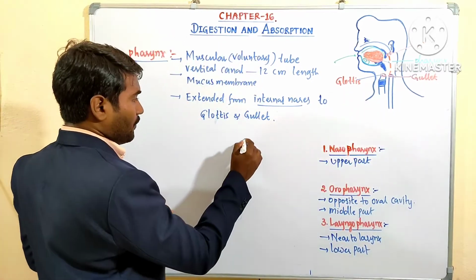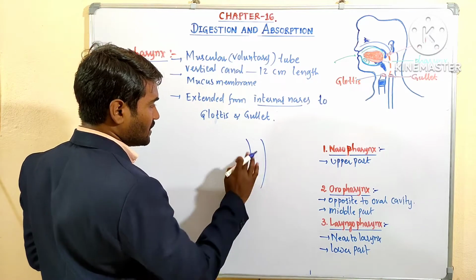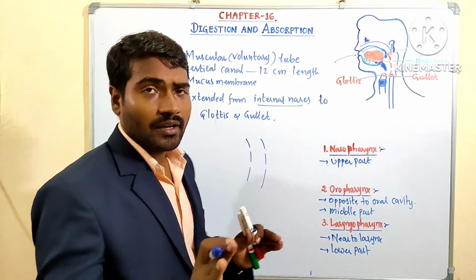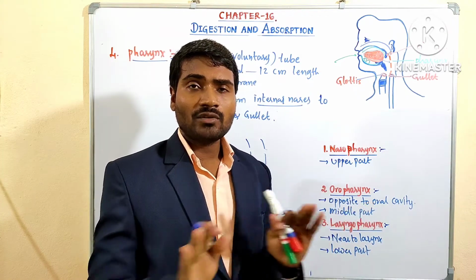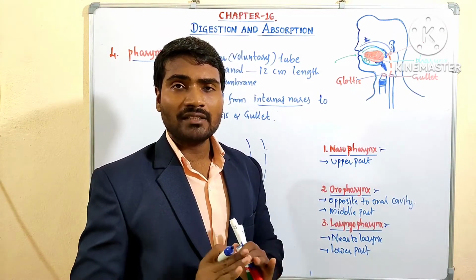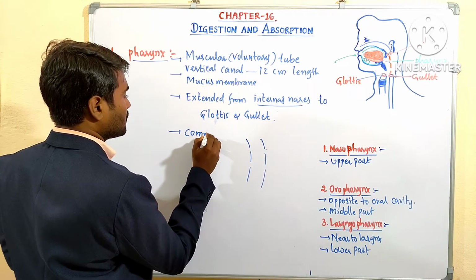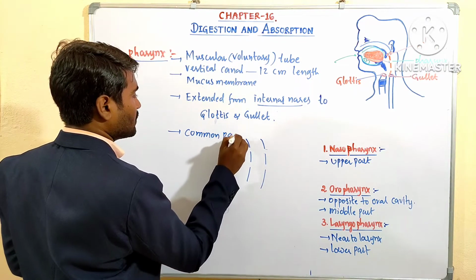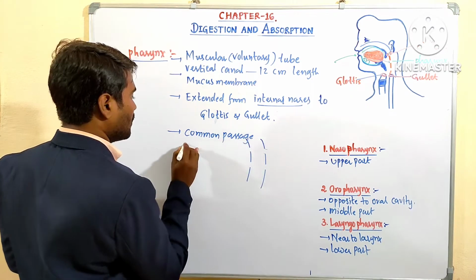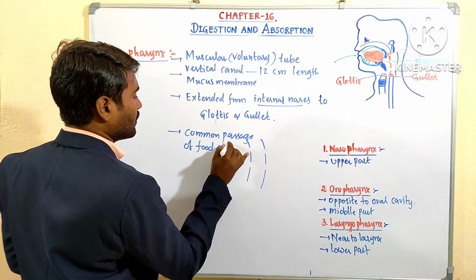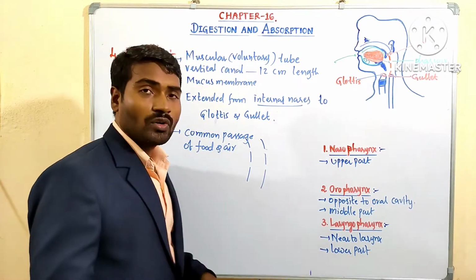This tubular structure has no role in digestion. It is not involved in digestion. Nothing is digested in the pharynx region. It is just a common passage of food and air.